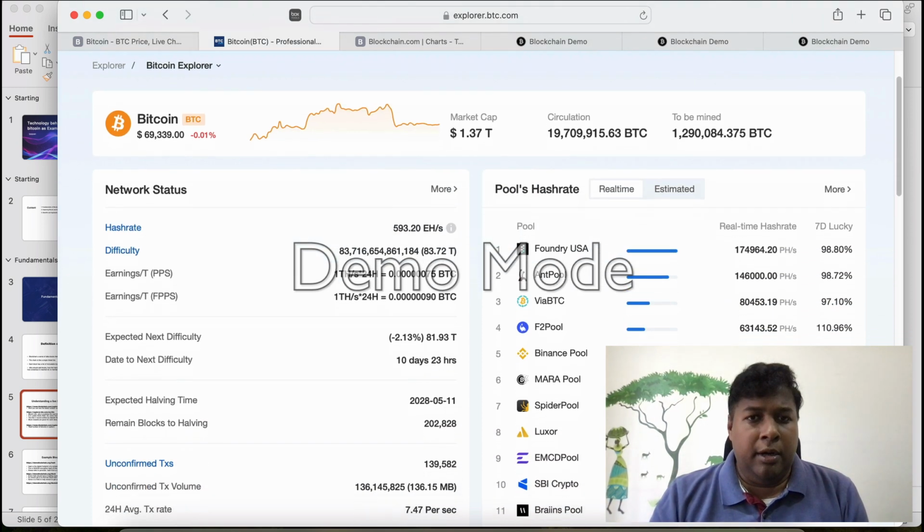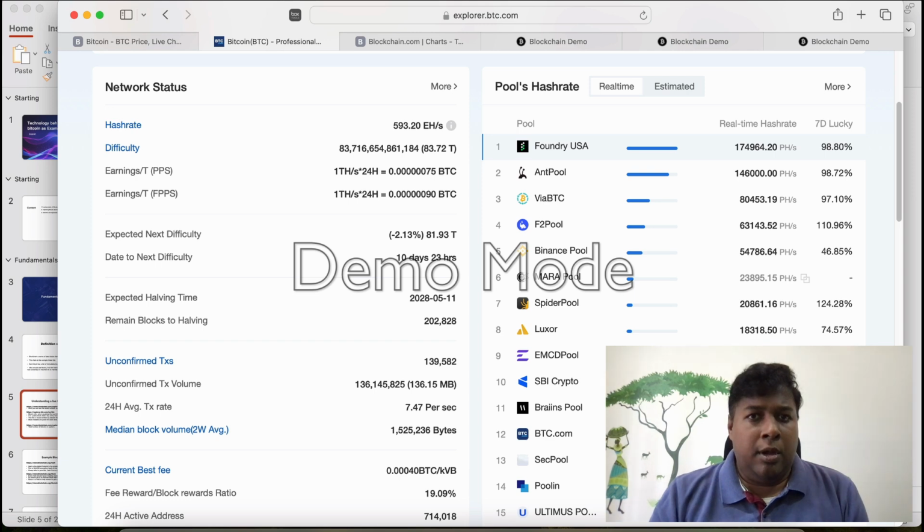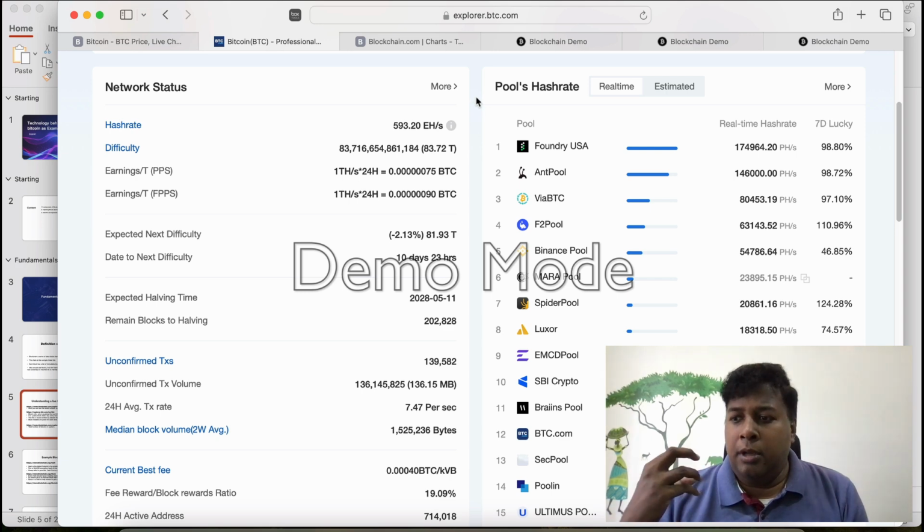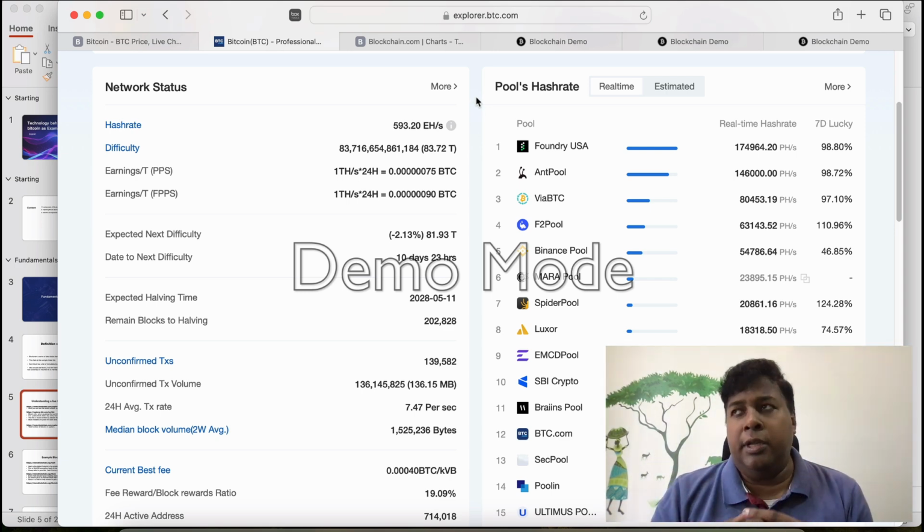So if you look at it, you have the difficulty. There is a huge difficulty in mining this Bitcoin, right? What is actually meant by mining, you'll be able to understand a little bit now.